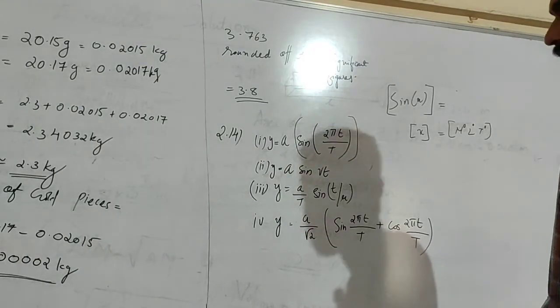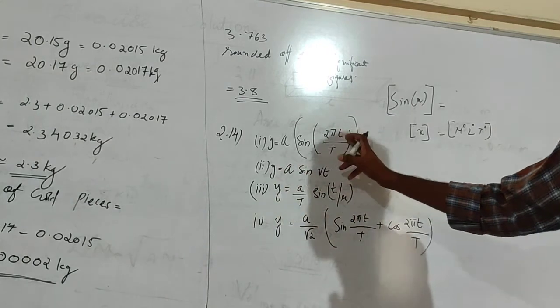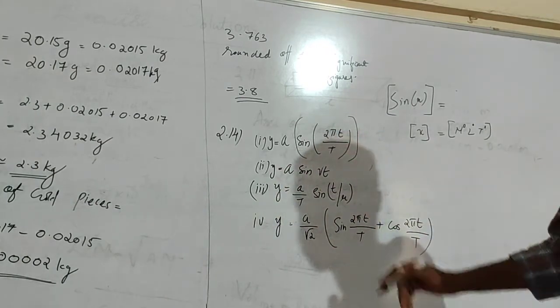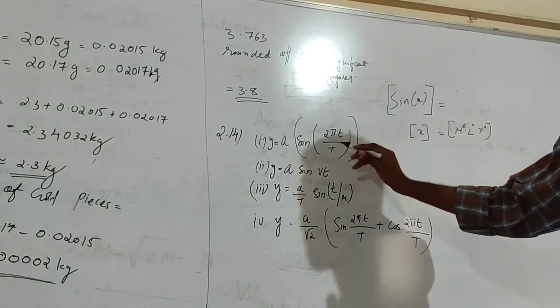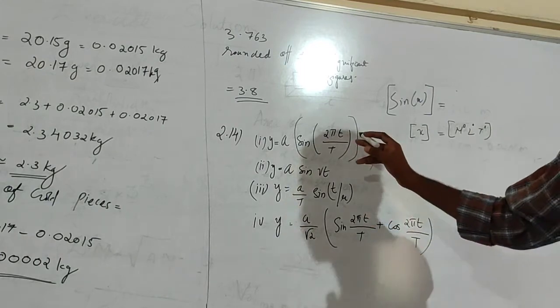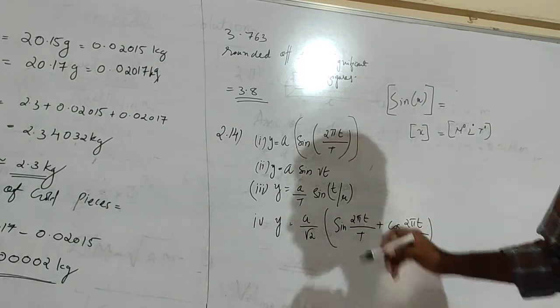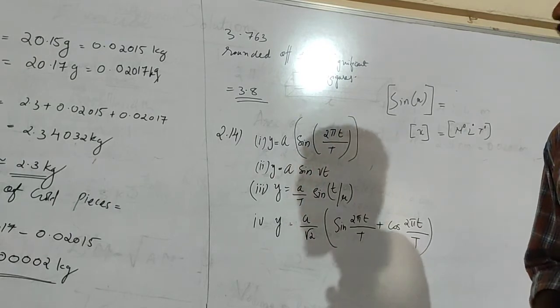Okay. Now, let us come to the first equation, y is equal to a sin 2 pi t by T. First of all, consider whether there are any dimensions for 2 pi t by T. No, actually 2 pi has no dimensions. t, the time, is T raised to 1, but divided by the time period, that is also time, T raised to 1, so they cancel each other.